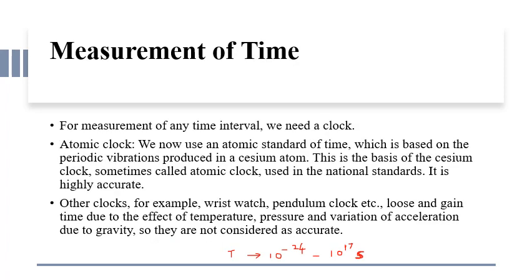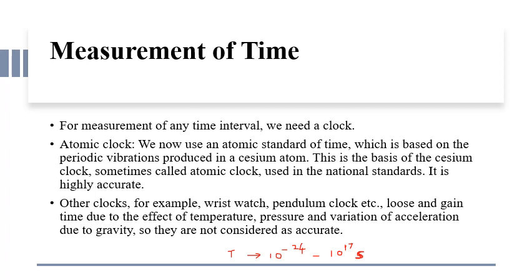Measurement of time. For measurement of any time interval, we need a clock. So we'll see about the atomic clock. The atomic standard of time is based on the periodic vibration produced in a cesium atom. This is the basis of the cesium clock, sometimes called the atomic clock, used in the national standards. This atomic clock is highly accurate.